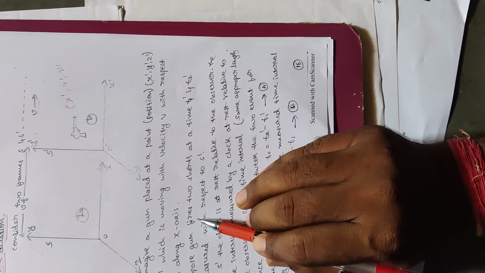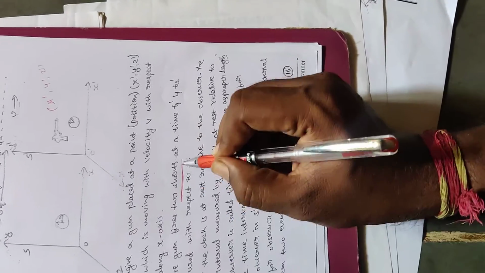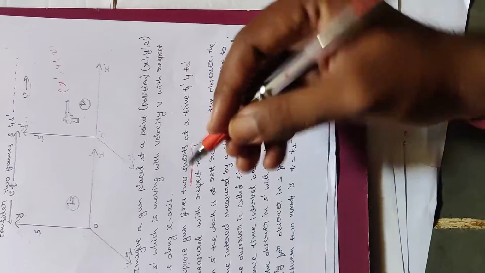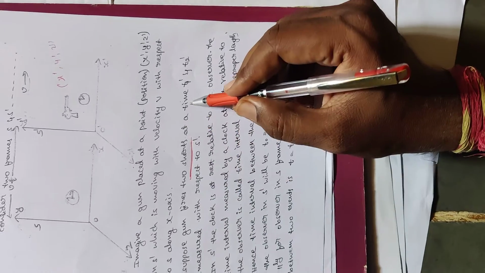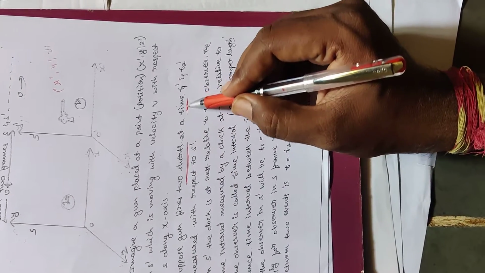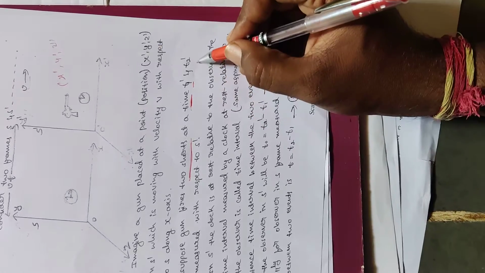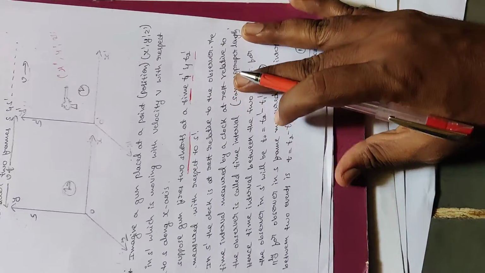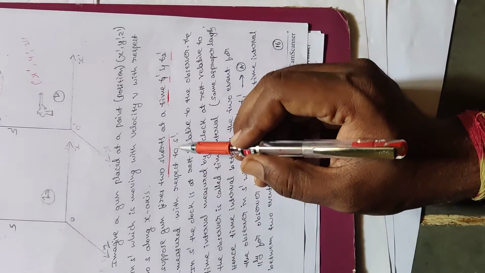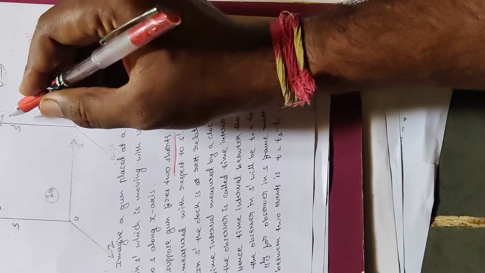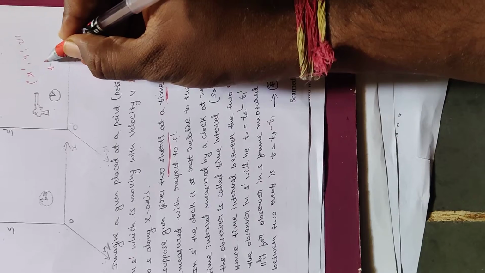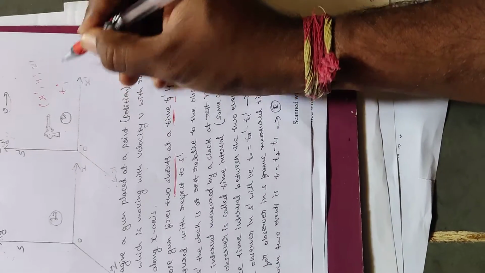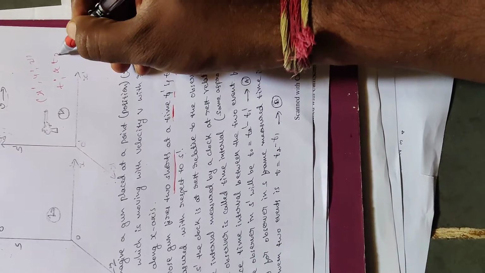Suppose the gun fires two shots, that is, two times: t1 dash is the first time and t2 dash is the second time, measured with respect to S dash.